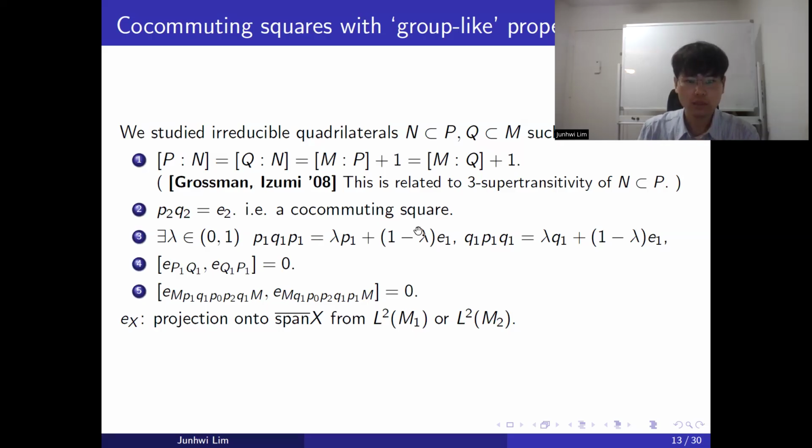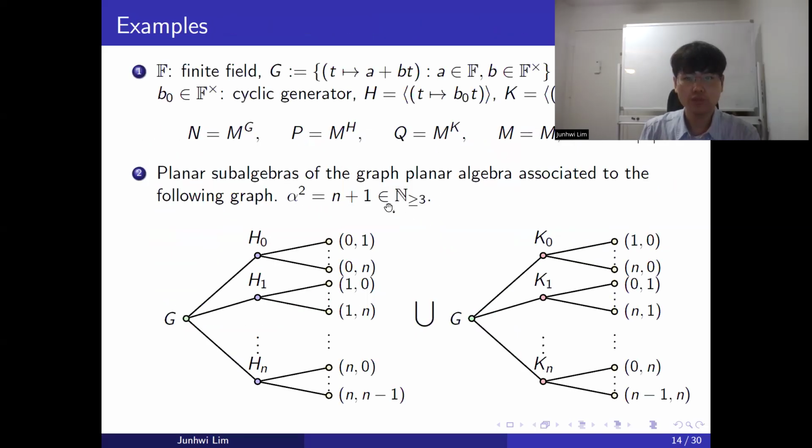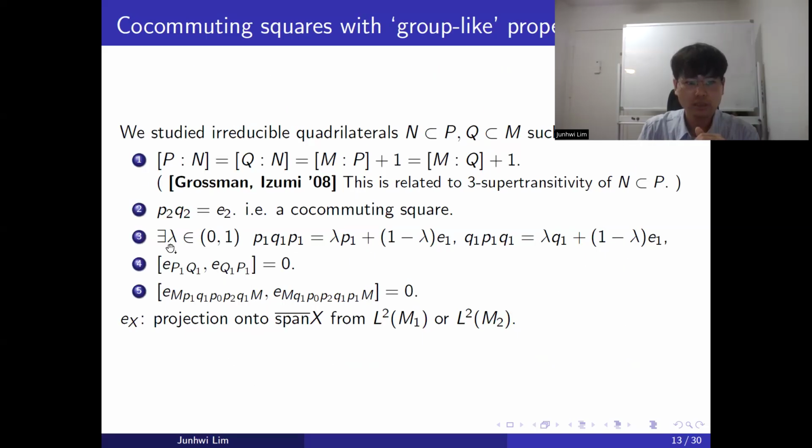But the problem was these two relations do not completely determine the structure of the planar algebra, so we looked at some examples coming from group actions. And we found an infinite class of groups that gives a cocommuting square satisfying this third condition.